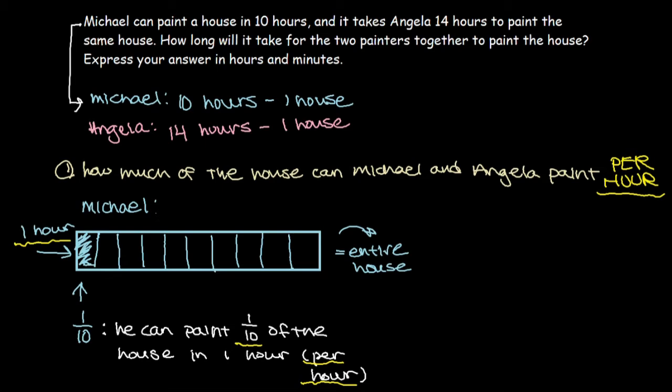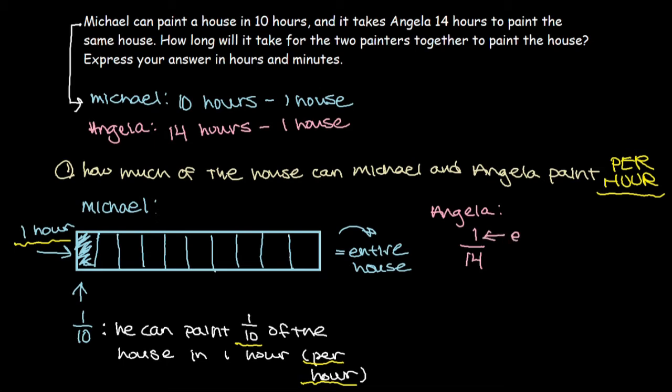Now we just need to figure out how much Angela can do. It's the same thing with Angela. We could draw the block again and figure it out with a diagram, but you can't do that every single time you are at a competition. So what you can do is simply remember that it's always going to be 1 over 14.